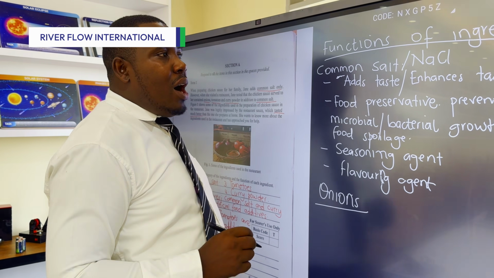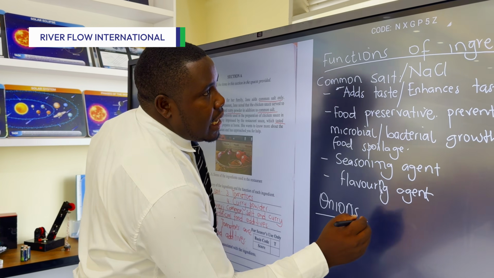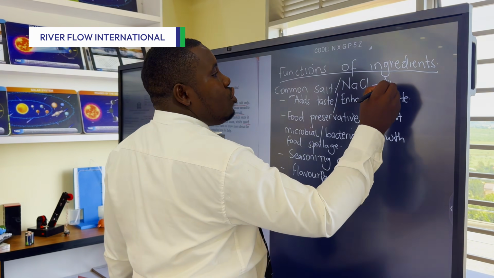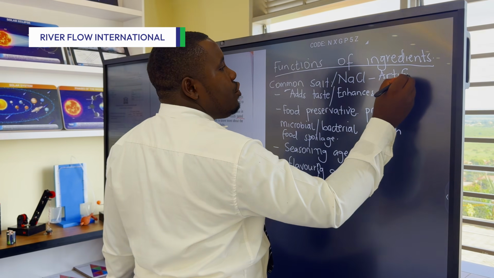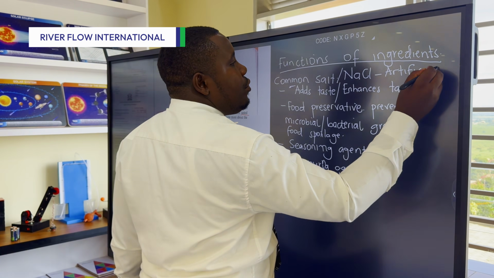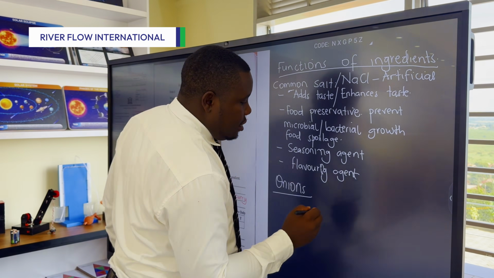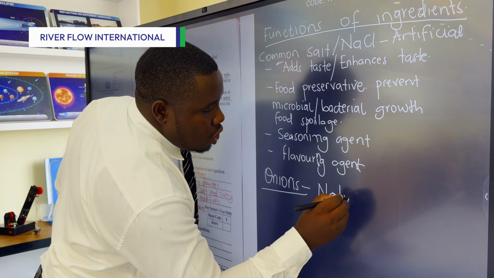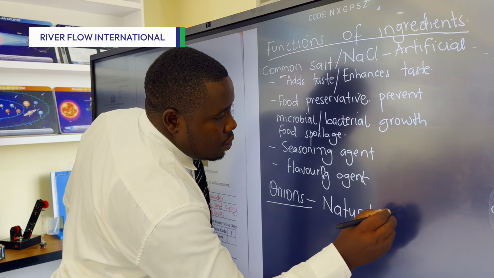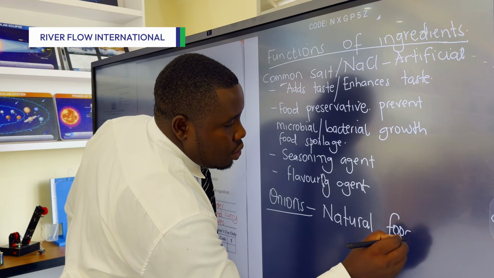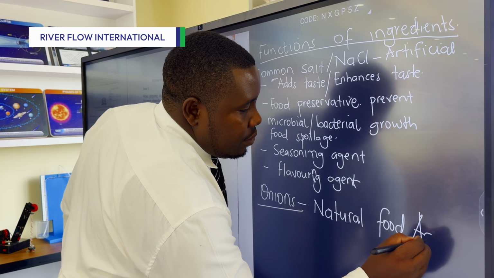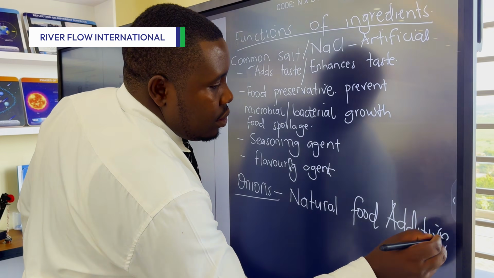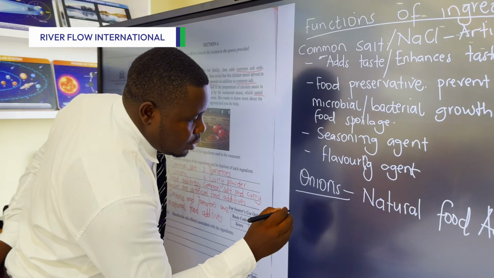Now, remember, we said that artificial flavoring is an artificial food additive, and of course, onions are going to be a natural food additive. So let's look at its importances.